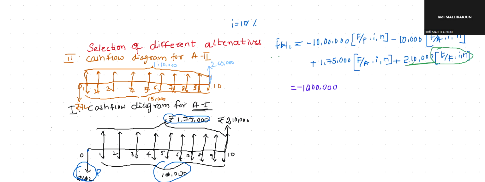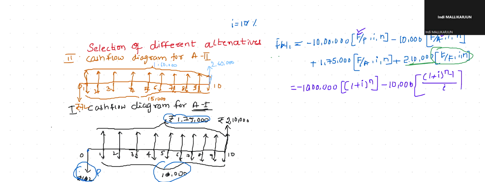Here we have one formula. When we want to calculate future value for the given present value, directly put the equation, that is 1 plus i power n. Minus 10,000. When we want to calculate future value for given annuity, here we have one formula, that is 1 plus i power n minus 1 divided by i.